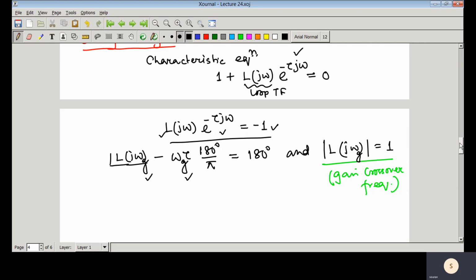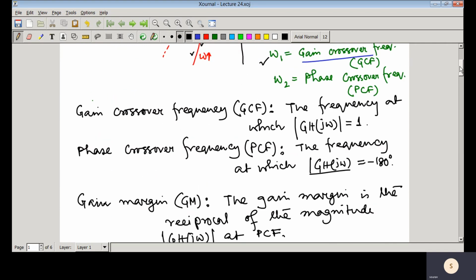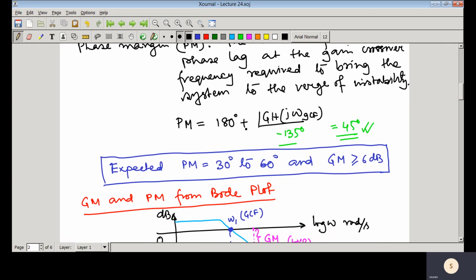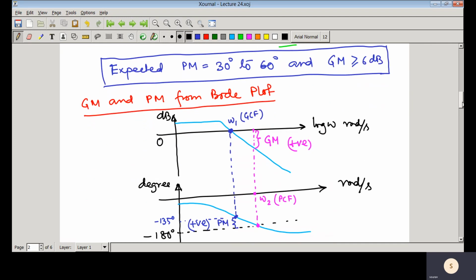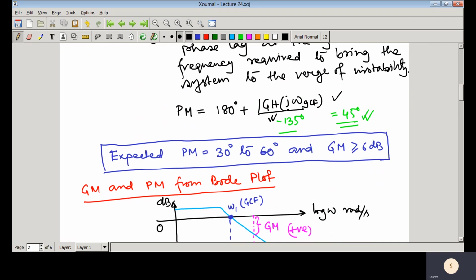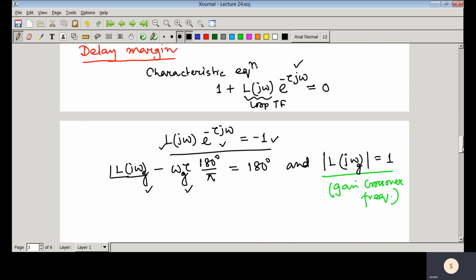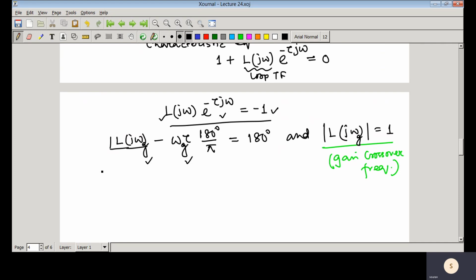Now if you look at the phase margin definition, here you can see that phase margin is equal to 180 degree plus angle at gain crossover frequency of the loop transfer function. GH is the loop transfer function, what I have mentioned here as L. So here we know that from the definition of phase margin, phase margin is equal to 180 degree plus that angle of L j omega g.